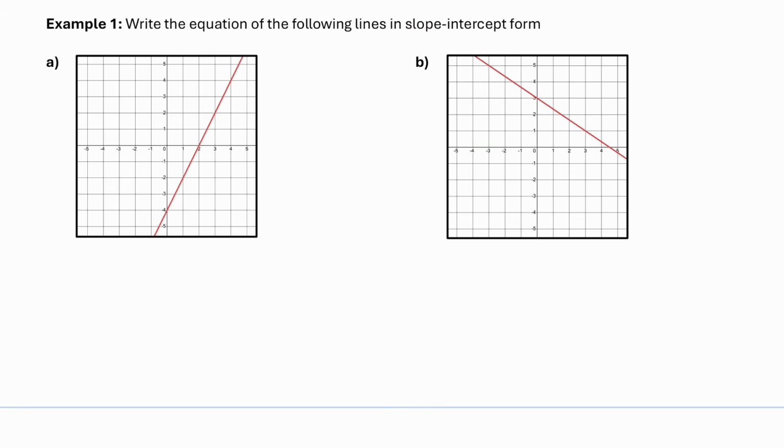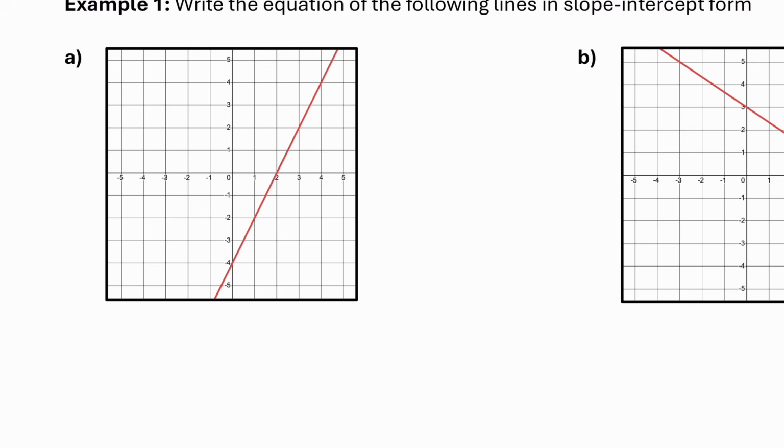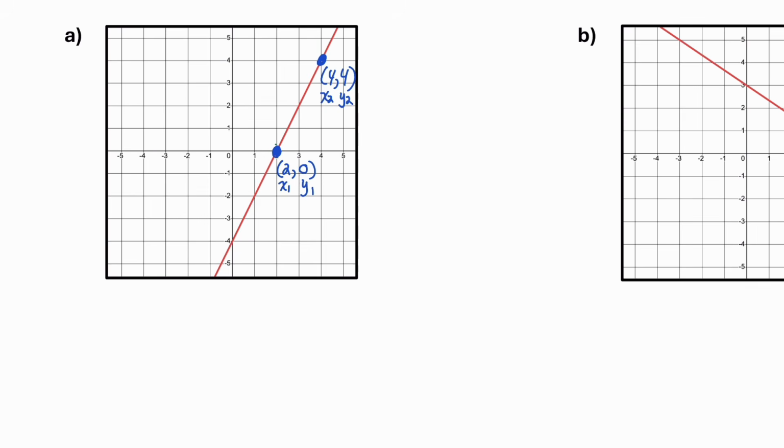Example 1 says write the equation of the following lines in slope-intercept form. If I look at A, remember step 1 is to find 2 points that are on the line. So my first point, I'll label x1, y1, and the second point, I'll label its coordinates x2, y2. And now I can use those 2 points to calculate my slope. And we use the letter m to represent slope.